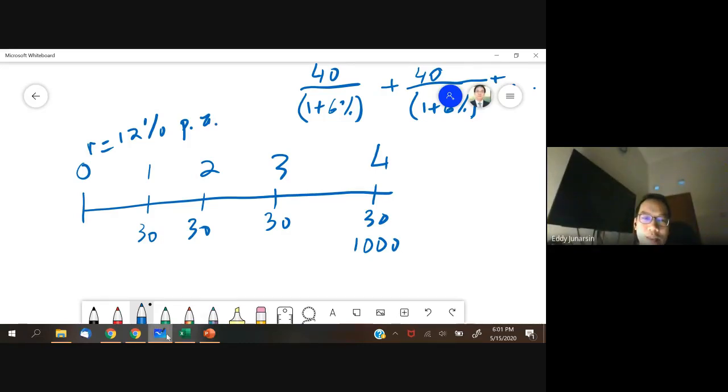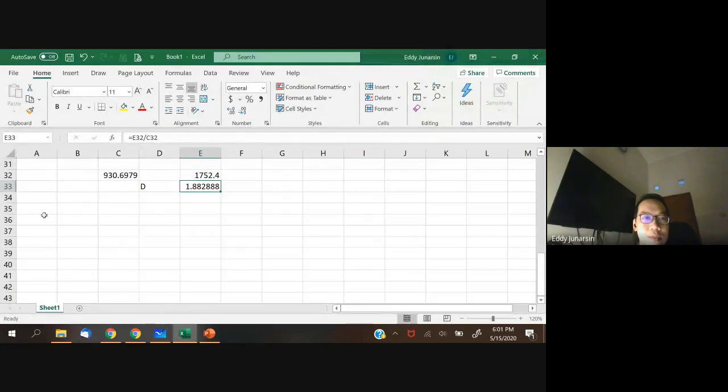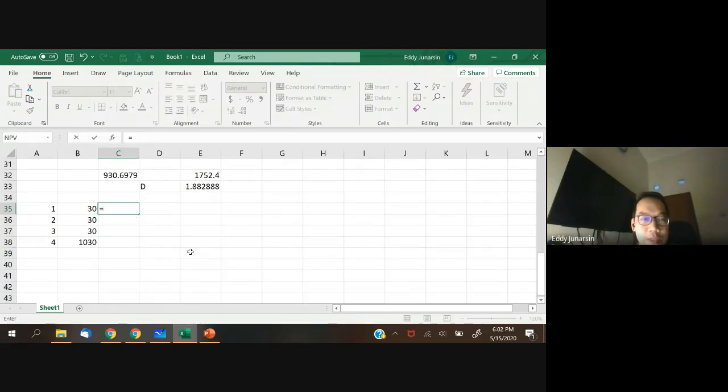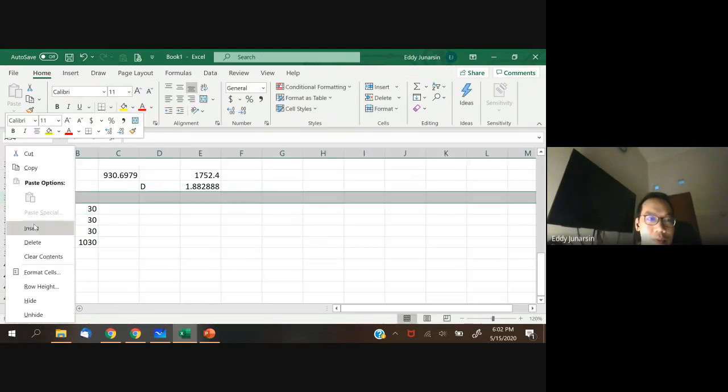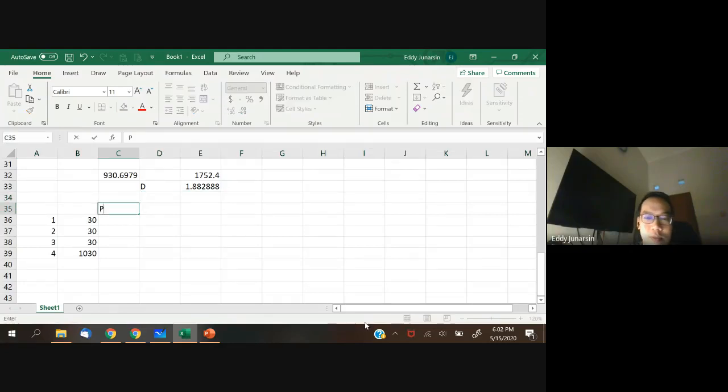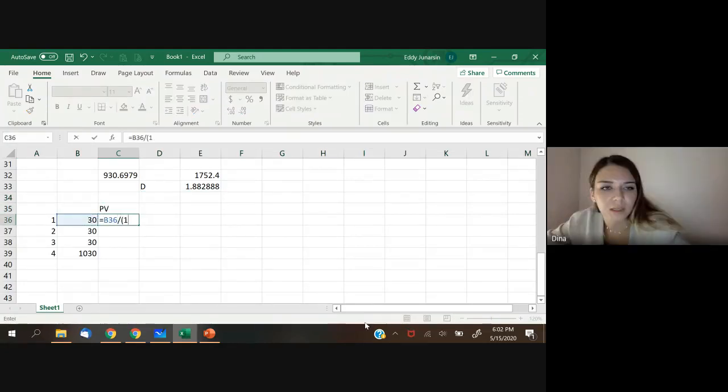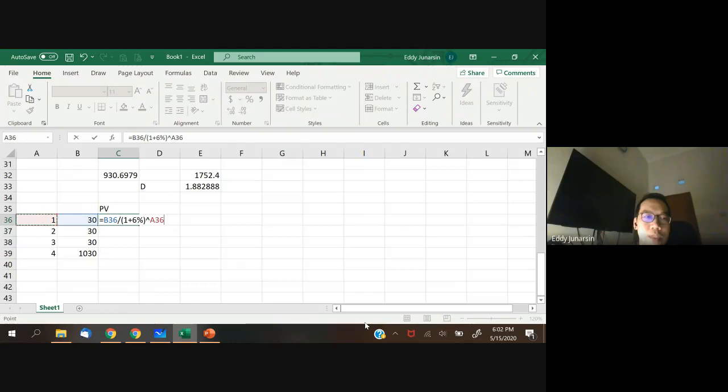So let's do in Excel. Okay, 30, right? So what is the present value, the first one? 30 divided by what? 1 plus 6% in the power of 1. 6% because the market rate is 12%, but this is semi-annual, right?